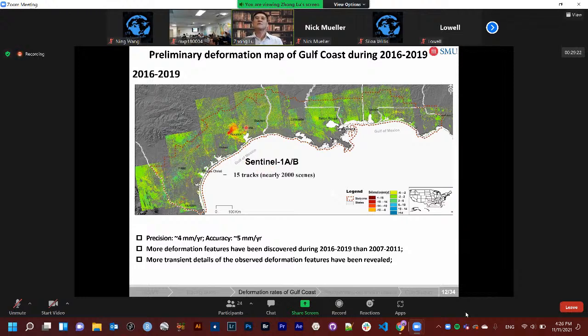Here, because of free data from the European Space Agency and more temporal acquisitions, the data stack is very, very deep now. So the precision reached about 5 millimeters per year, and the accuracy also reached 5 millimeters per year. So more deformation features can be identified over different locations, and of course transient details can be revealed by these measurements as well.